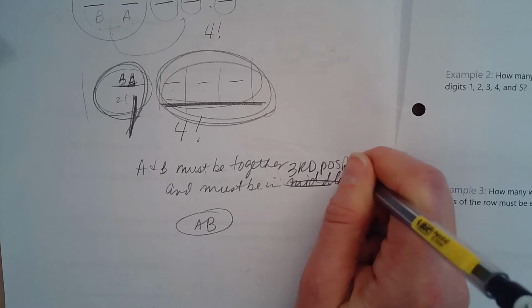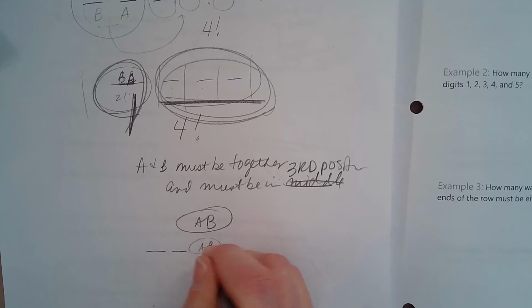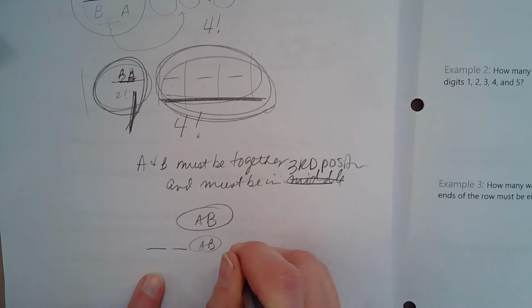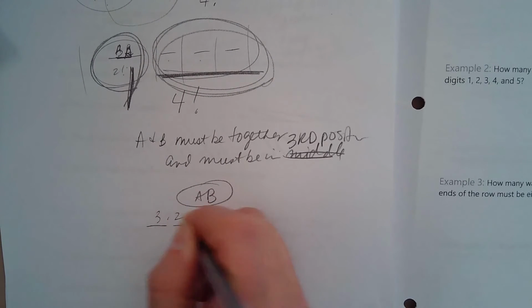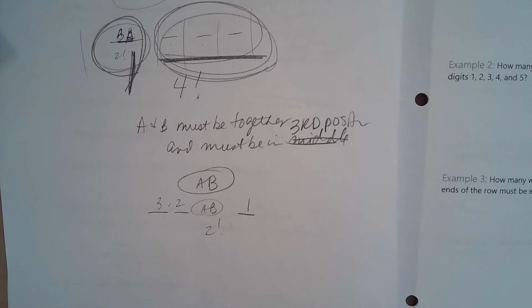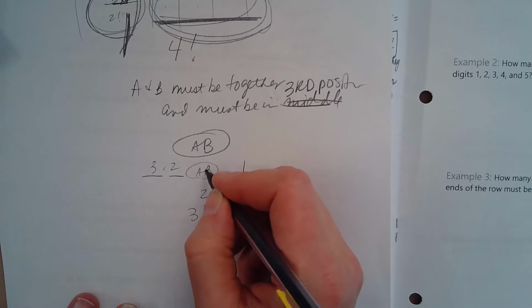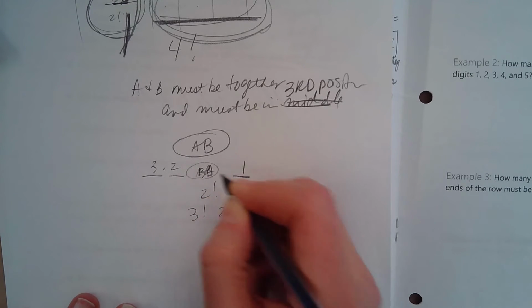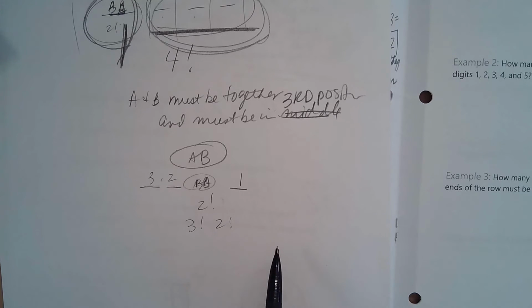So 1, 2, A and B, 1, 2, 3, 4, 5, okay? Then you have 3, 2, 1, 2 factorial. Then you have 3 factorial, 2 factorial, 2 factorial for A, B, or BA, right? Yeah, that's what I'm saying. Yeah. I don't know what the 4 factorial is.